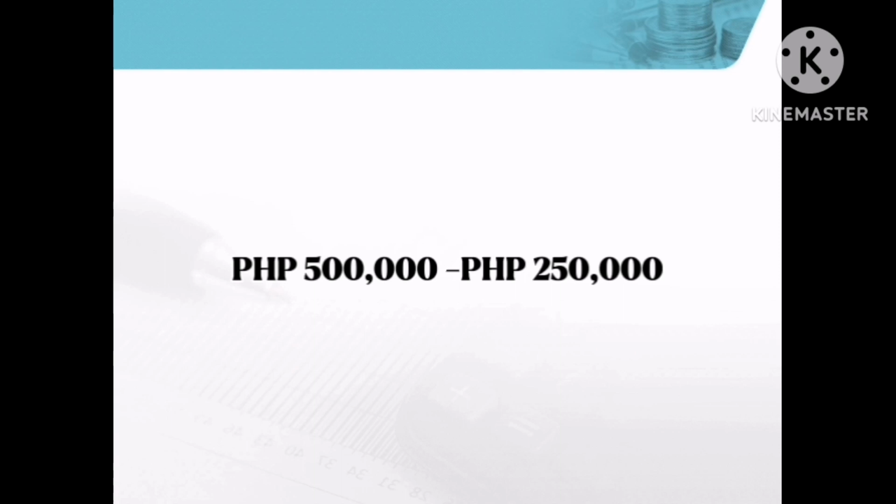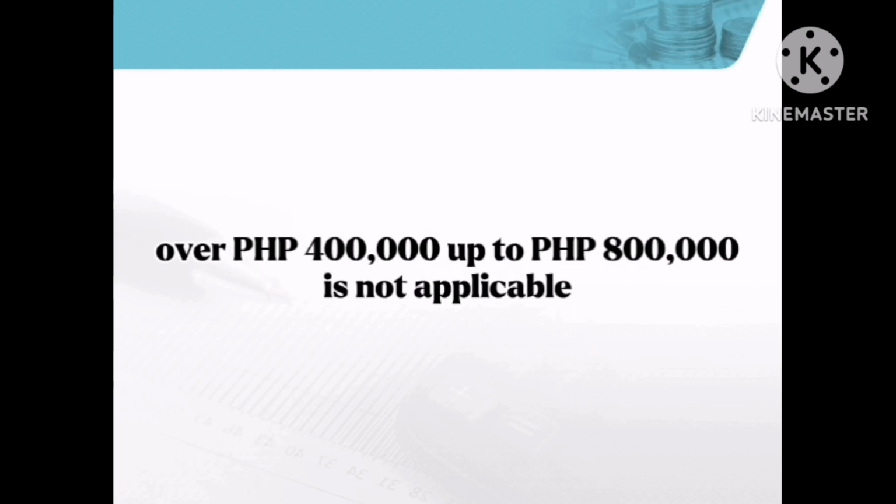So 500,000 pesos less 250,000 pesos is equal to 37,500 pesos. Over 400,000 up to 800,000 is not applicable since the taxable income is not within this bracket.